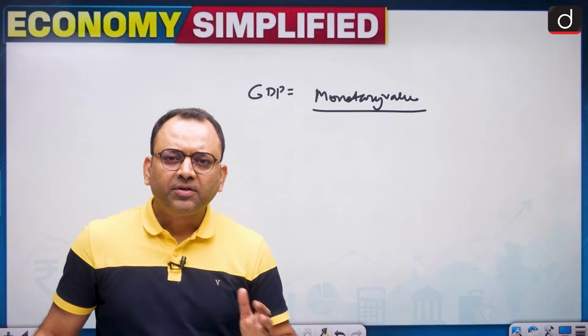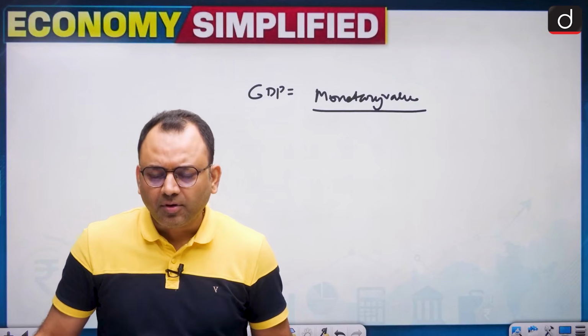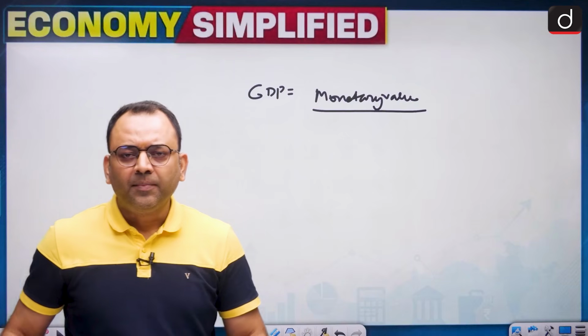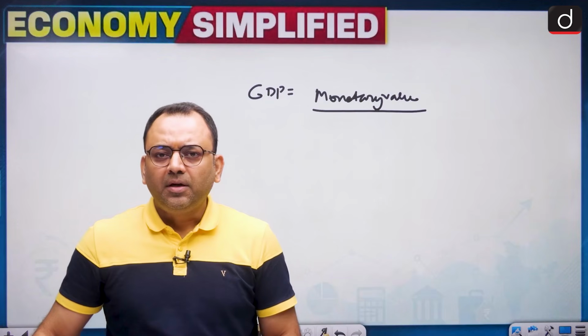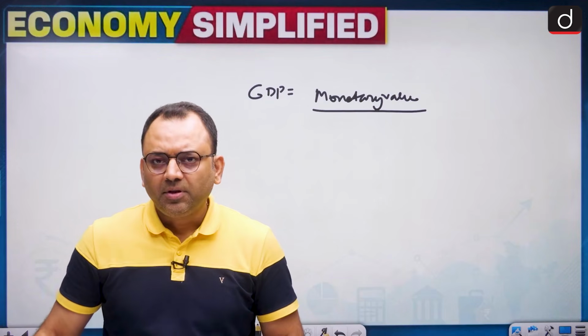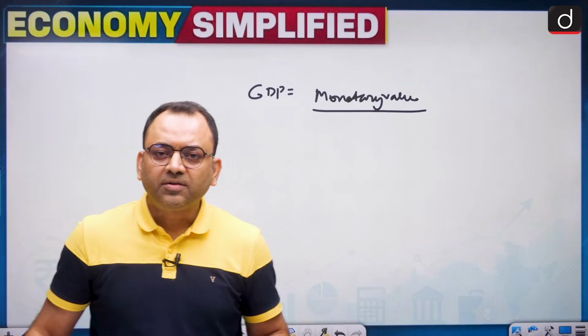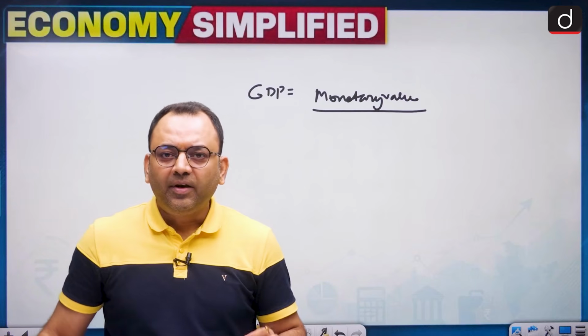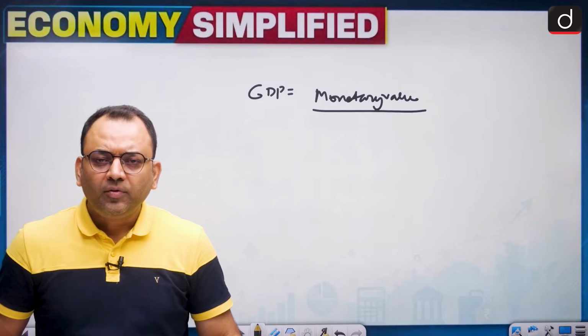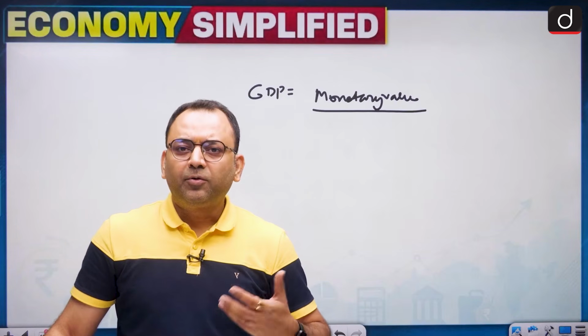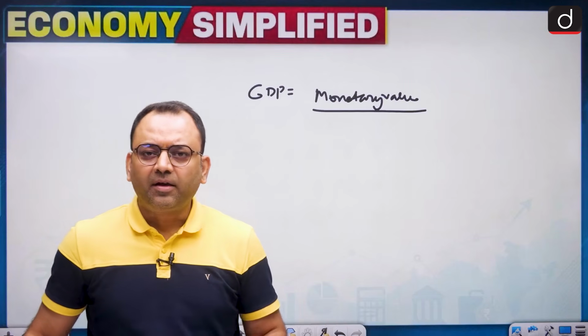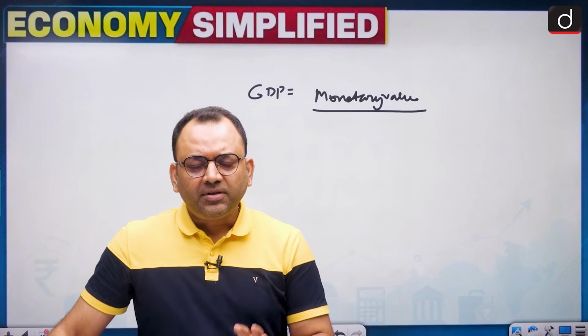India, say, produces 330 lakh crores of goods and services in a given year. The GDP includes the exports and excludes the imports because imports are not a part of India's production. So we measure GDP to understand the level of production a country makes in a given year. What is GDP deflator?